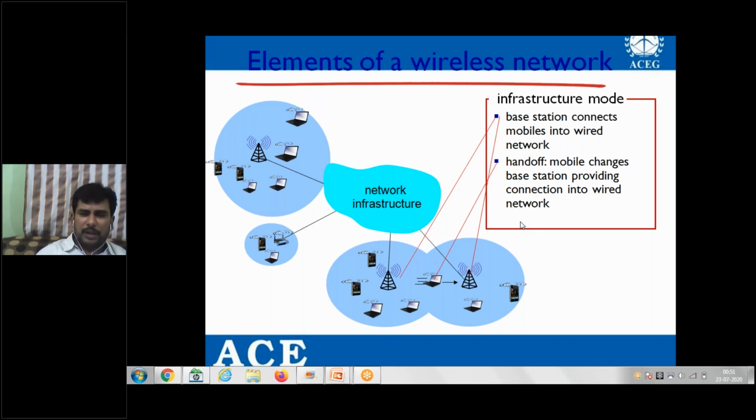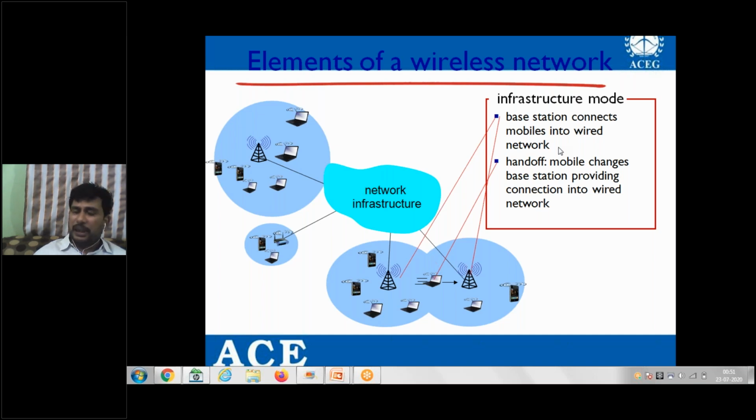Now sometimes what happens is you are connected to one particular base station and you are mobile. So you are moving from one network to the other network. As you move away from one base station, your signal strength slowly starts to decline, meaning the amount of signal you are receiving from one base station is decreasing.